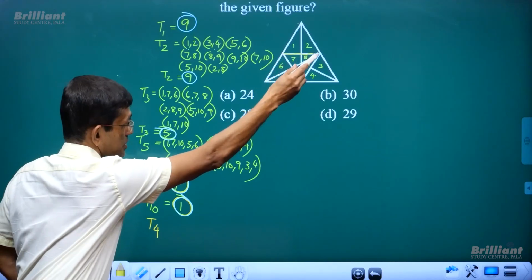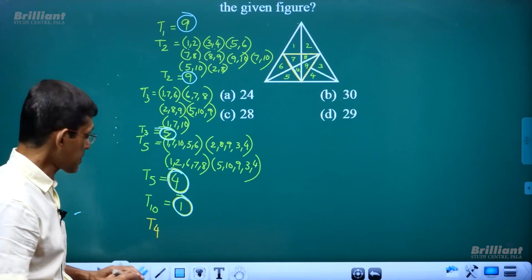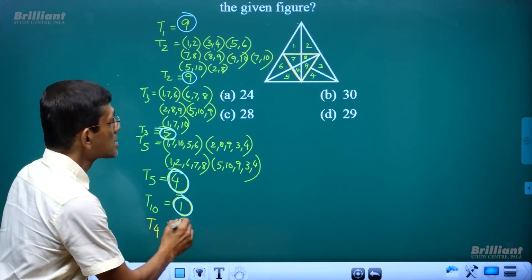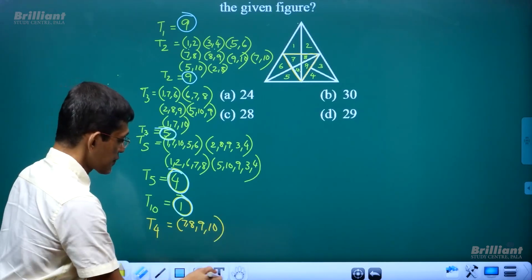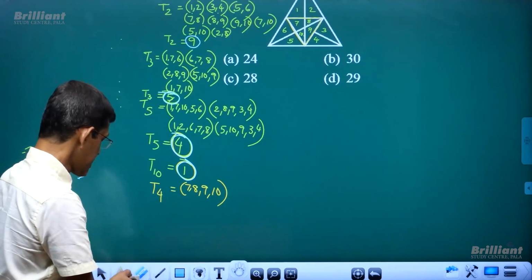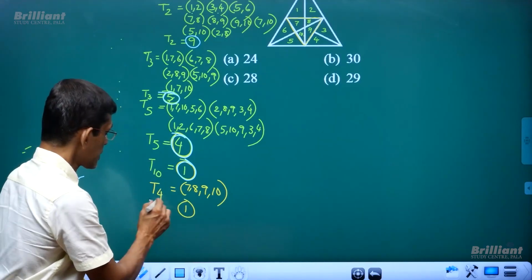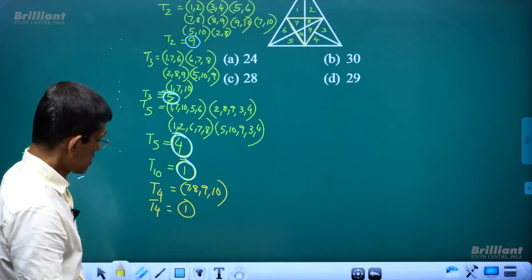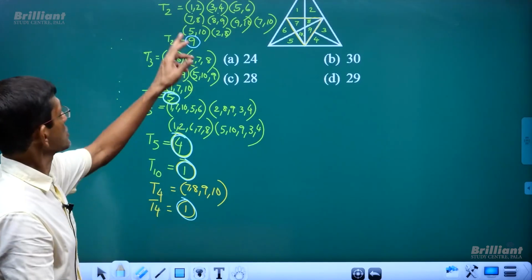Those four pieces together, that's a triangle. So T4 is 1. So total how many we have? Okay, so 9.